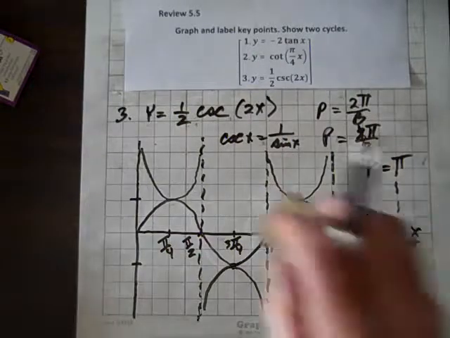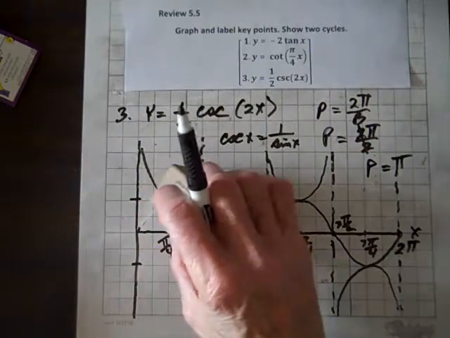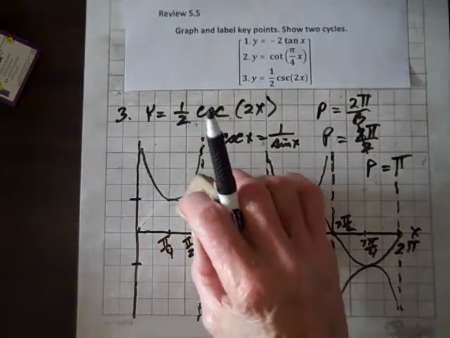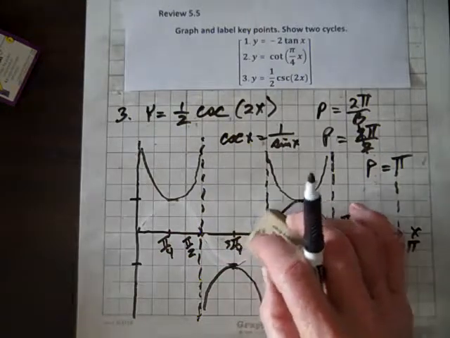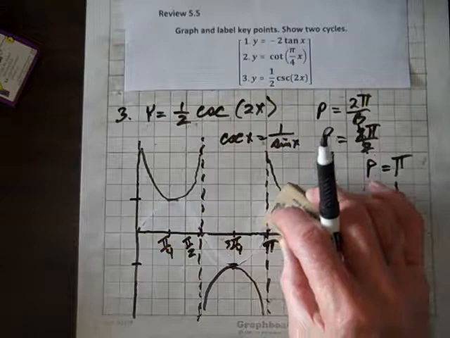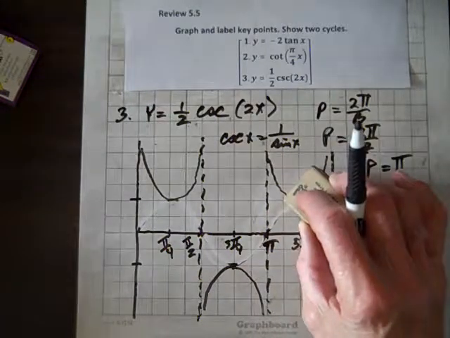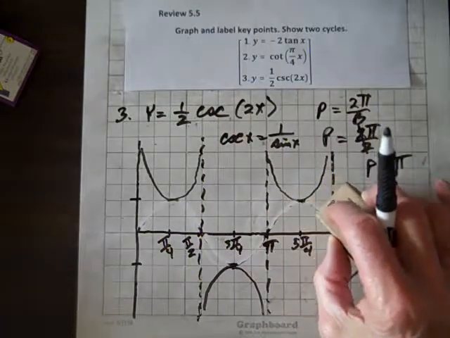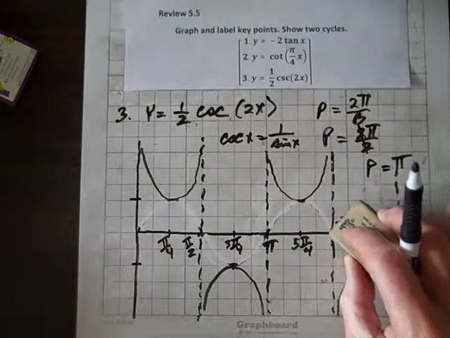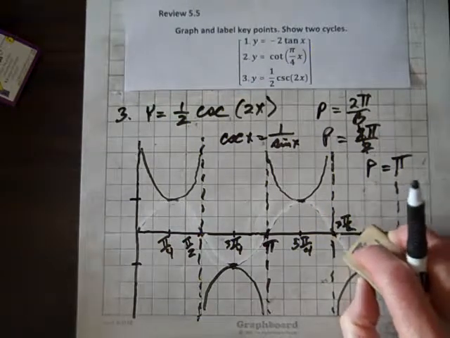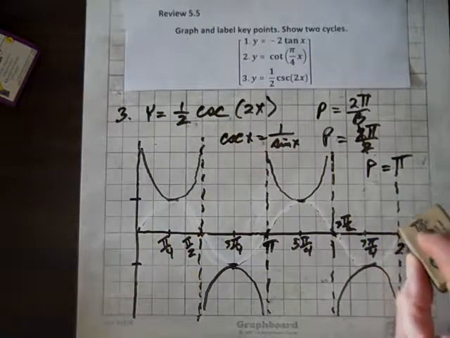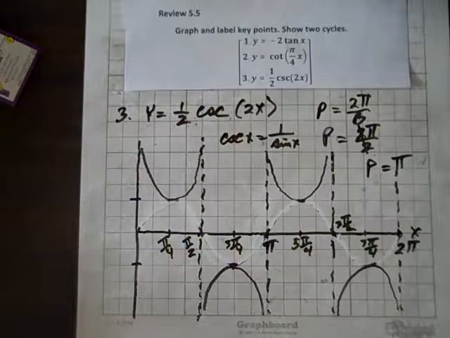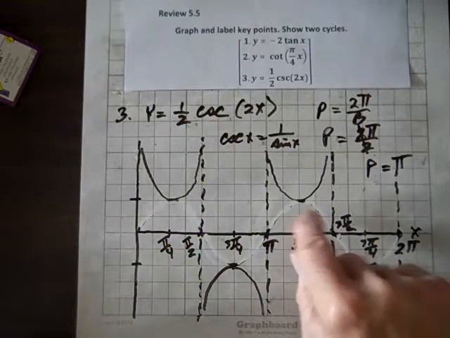Now, let's put a finishing touch on it. We'll erase the sine function. And there's the graph of y equals 1/2 cosecant of 2x, and we're done.